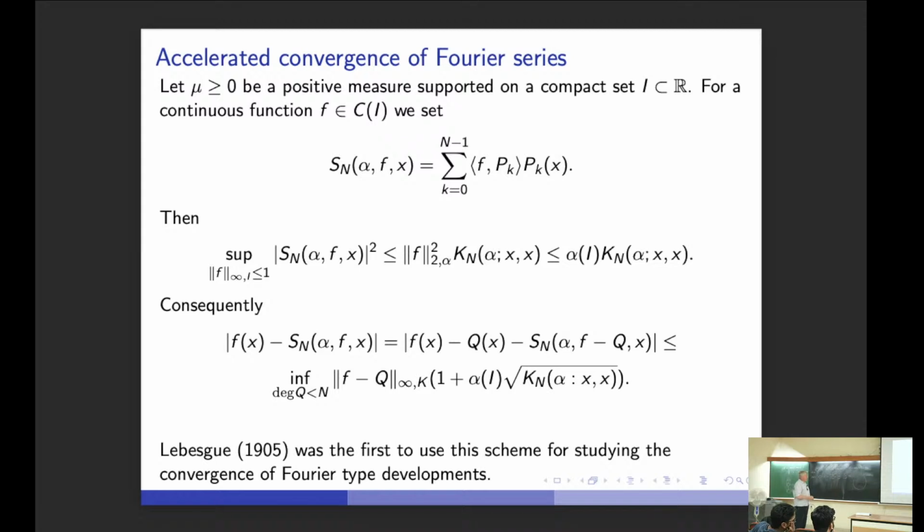But now the interesting part: if we want to study pointwise convergence of this Fourier expansion, not average, pointwise, we get immediately the best approximation with a polynomial of the respective degree, which is the coefficient here, and the constant depends essentially only on the Christoffel function.